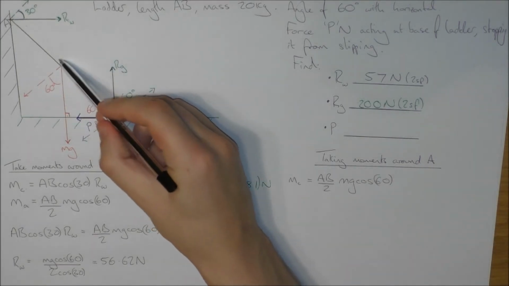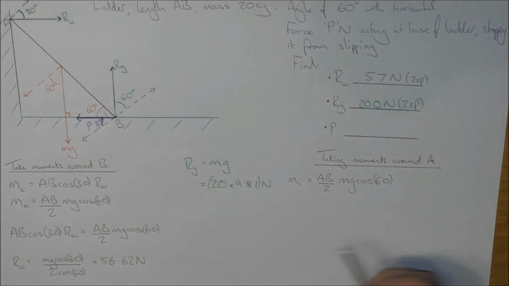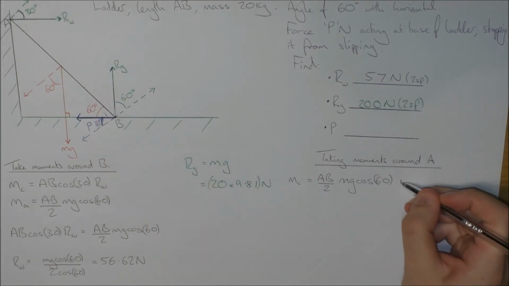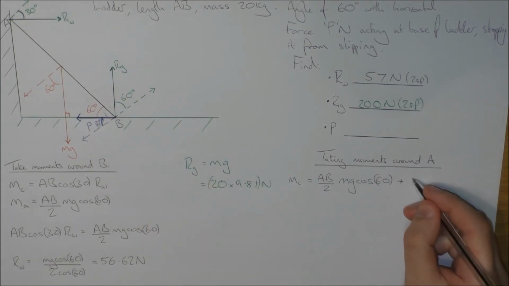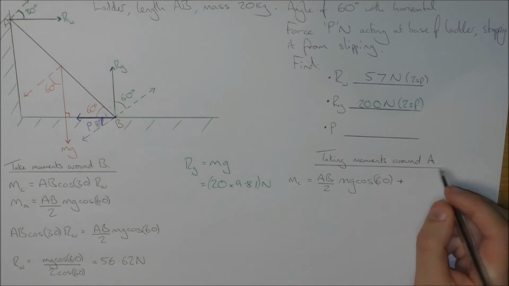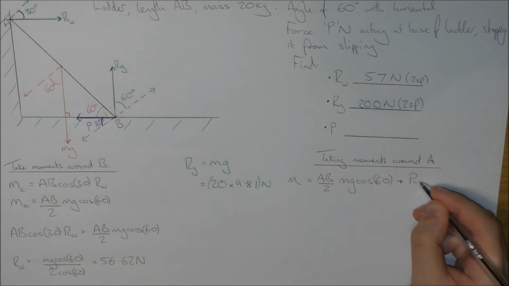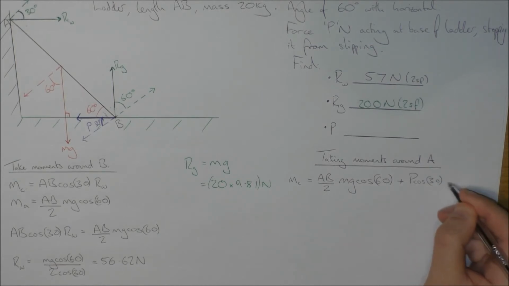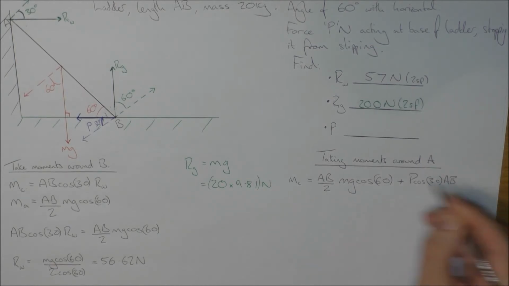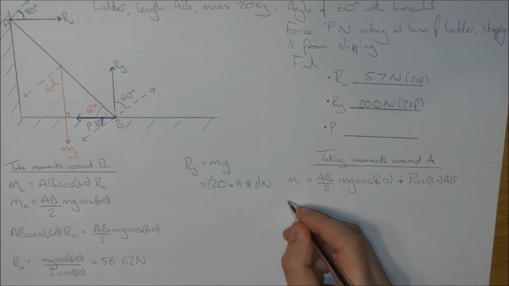Same as before, it's half the distance of the whole thing and cos 60 to make it perpendicular. I'm going to have to add on p cos 30, multiplied by AB, because that's now the full length.